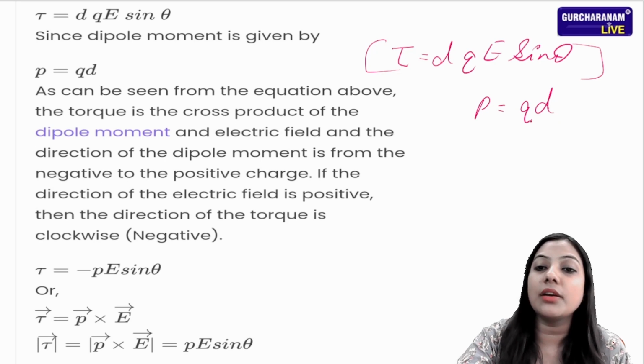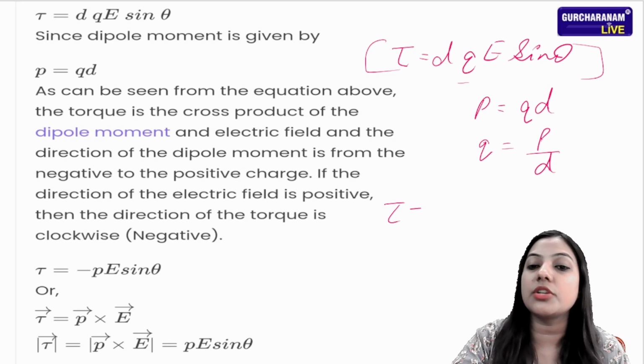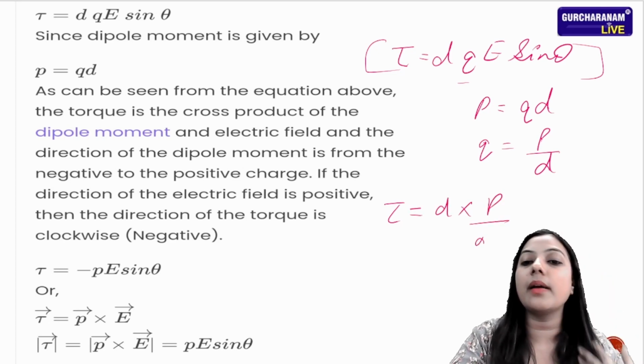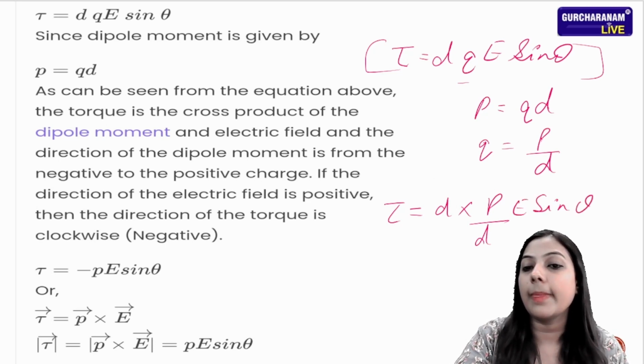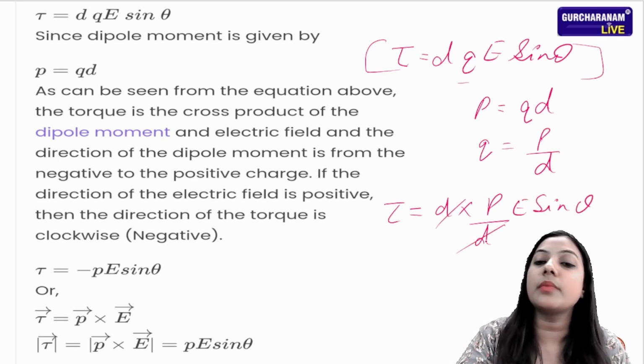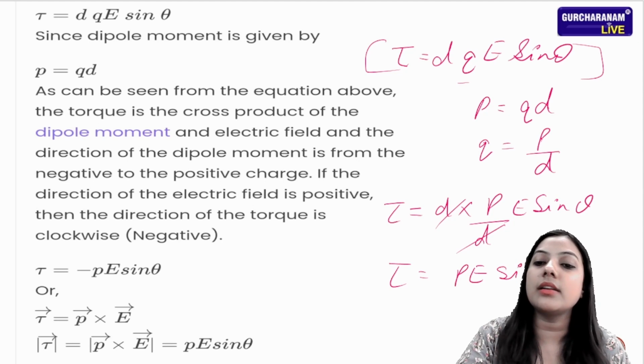If we put the value of Q, that is Q equals P upon d, into this equation, we get P by d times d E sin theta. d is cancelled by d, and what will we get? Torque is equal to PE sin theta.